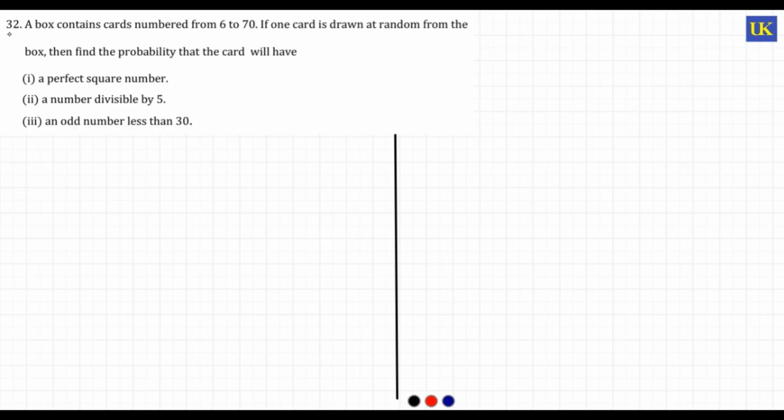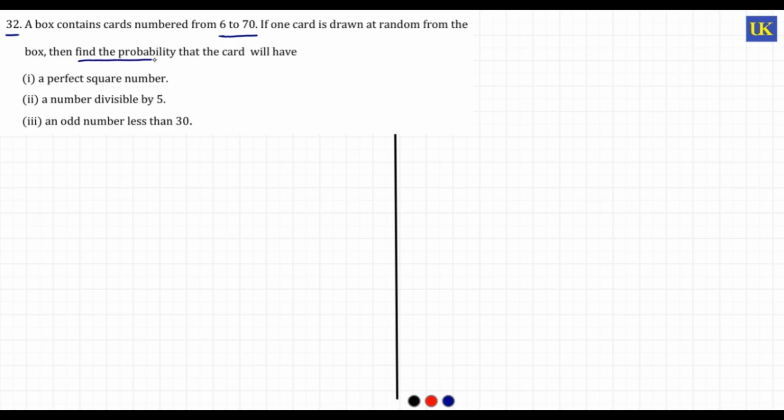So now we will see question number 32, which says a box contains cards numbered from 6 to 70. So there is one box which contains cards from 6 to 70. If one card is drawn at random from the box, then find the probability.